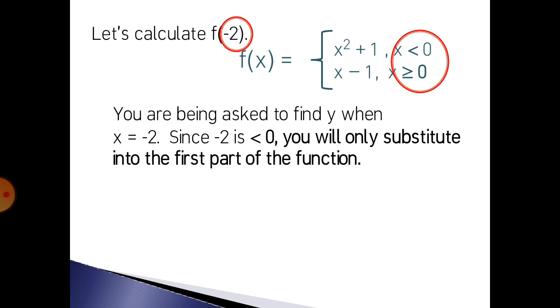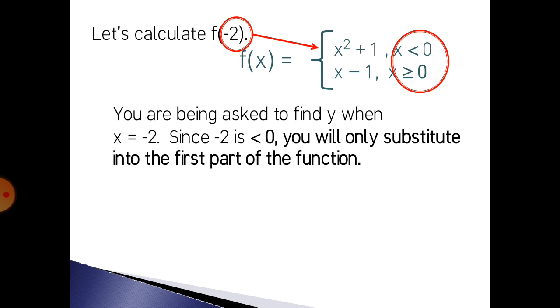So, ang given na x is negative 2. So, ano ba ang negative 2? E di mas baba dun sa 0. So, ang gagamitin nating equation is yung equation 1. Mas malaki kasi yung 0 kaysa yung given na x, which is yung negative 2.